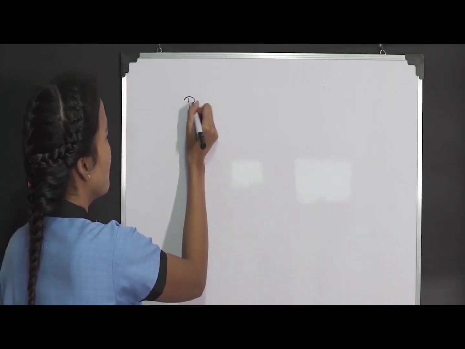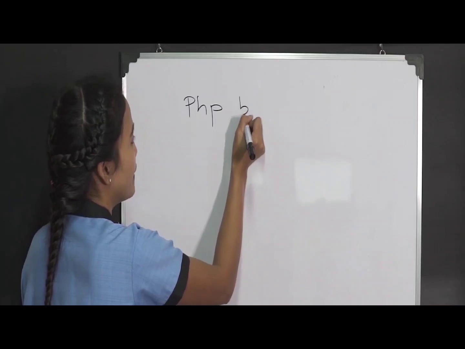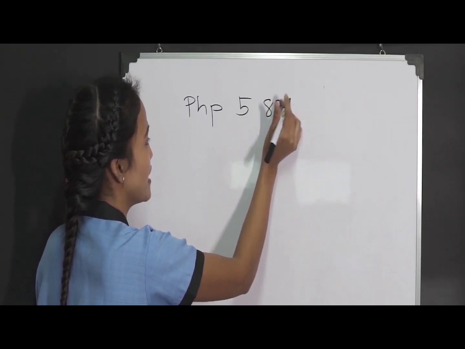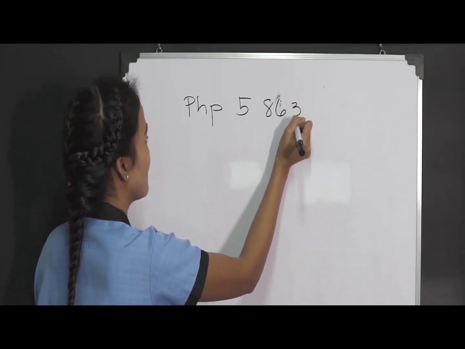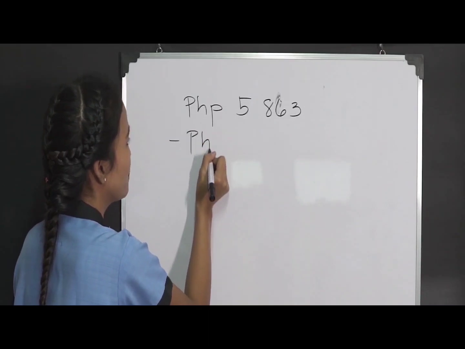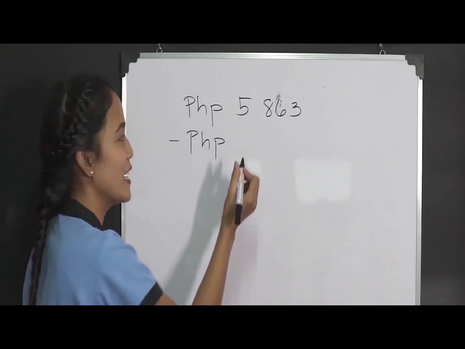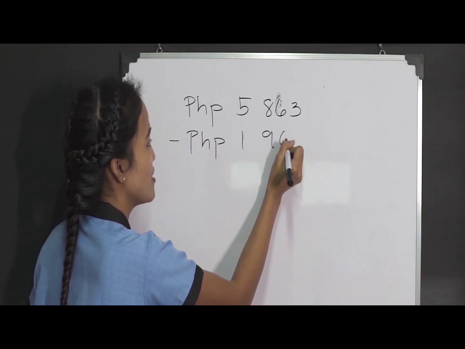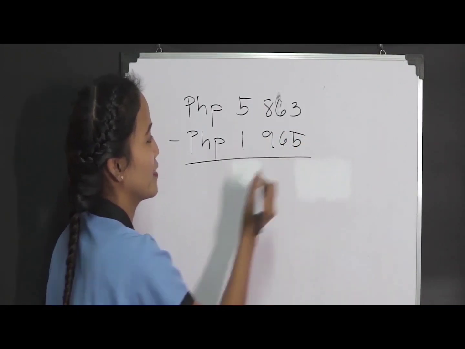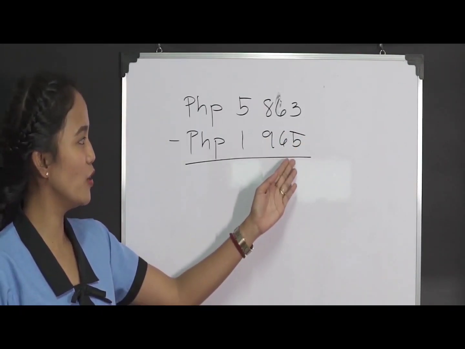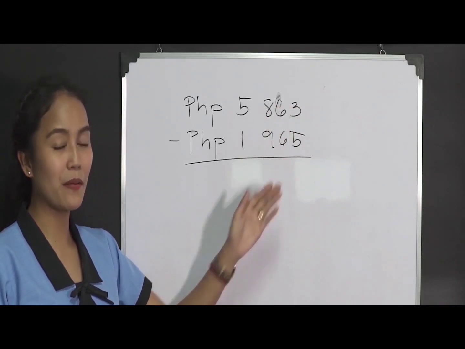First, we are going to find the cost of the printer. Therefore, we are going to find the difference between 5,863 pesos and 1,965 pesos. Let's start with the ones column. 3 minus 5 is equal to?